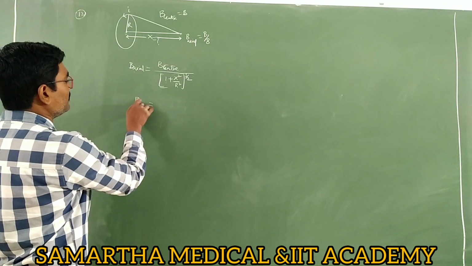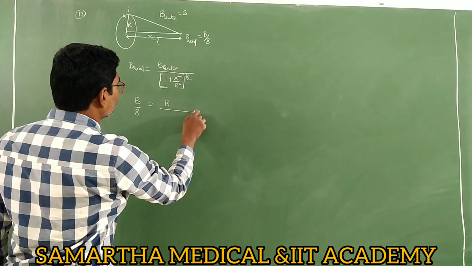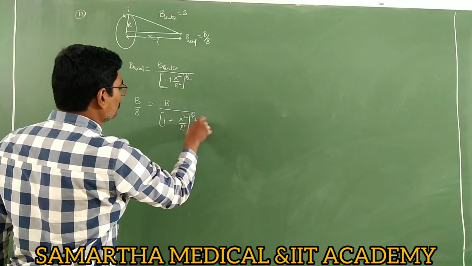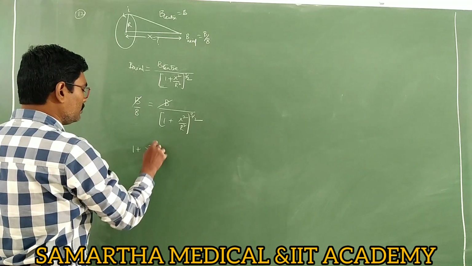So B axial is equal to B by 8, which is B center, B, divided by (1 plus x square by r square) whole power 3 by 2. B gets cancelled. 8 is written like 2 cube, so the power 3 gets cancelled and you get 2 is equal to (1 plus x square by r square) whole power half.